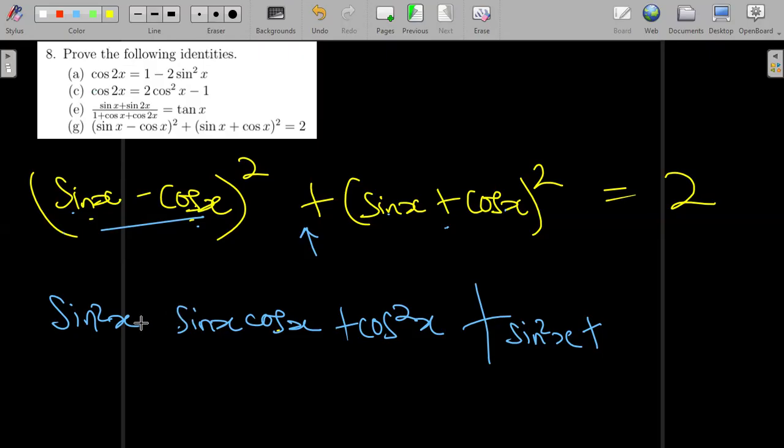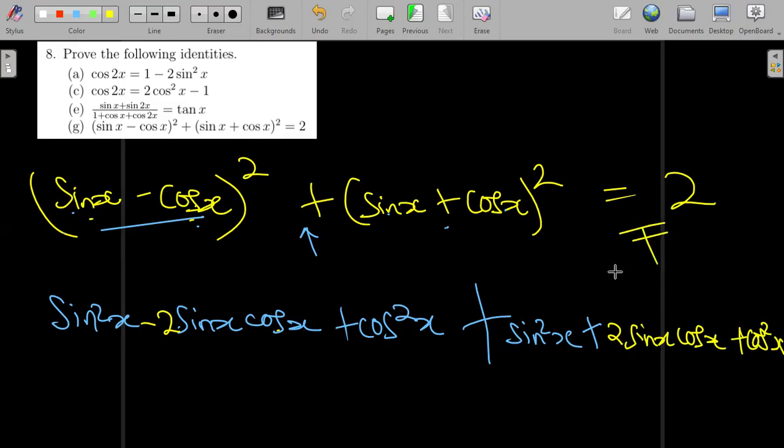So we combine them and get minus 2 of them. It means even here I'm going to have plus 2 sine x cos x. And then we also multiply the last one with itself, we get plus cos squared x.